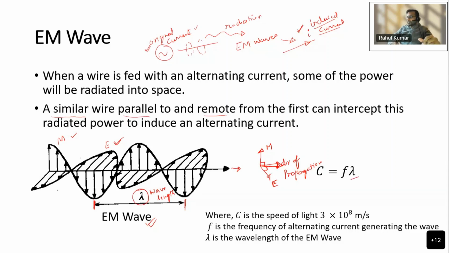So this wavelength and the frequency are interrelated, or they depend on each other, and they can be calculated by using this formula: C is equal to frequency multiplied by the wavelength, where C is the speed of light, which is 3 multiplied by 10 to the power 8 meters per second.